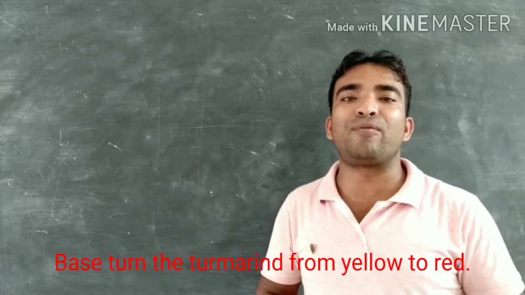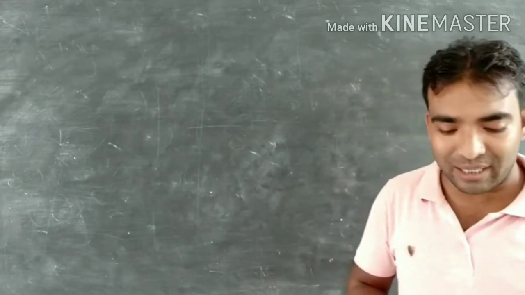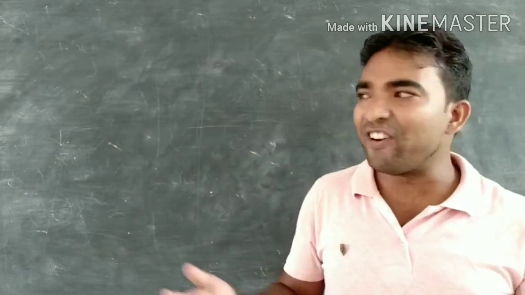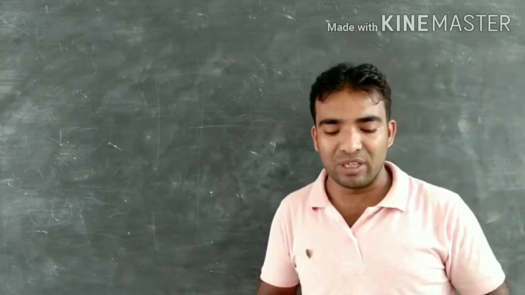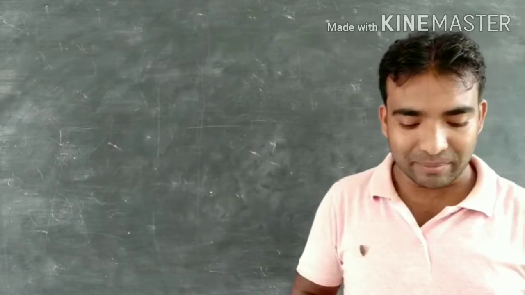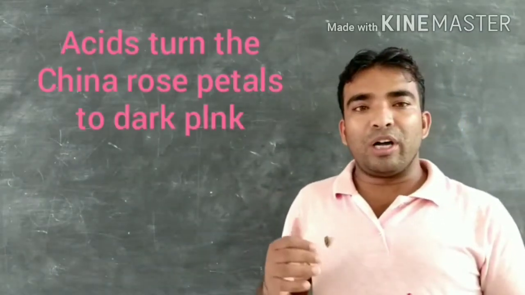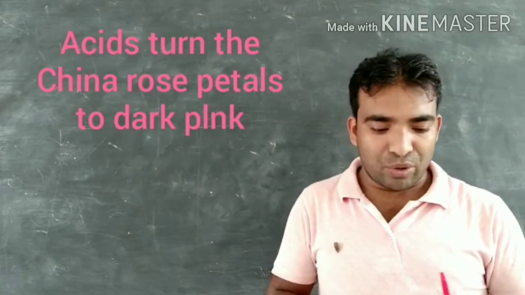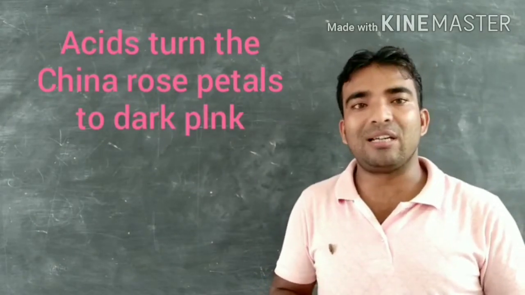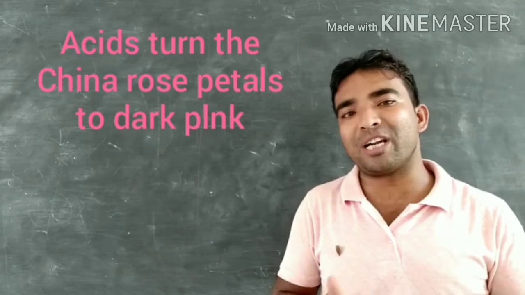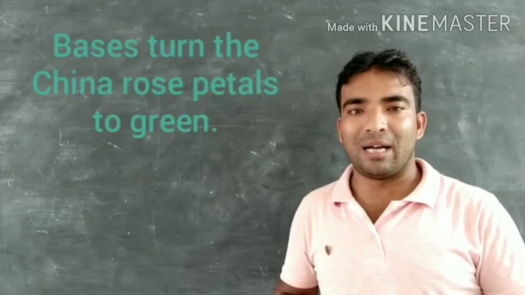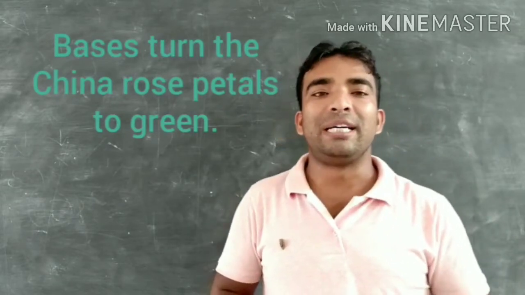Then one more example of a common natural indicator is the China rose petals. It is very commonly available in our surroundings. You can also try with this. The color changes will be like this: acid turns the China rose petals to dark pink, and on the other hand the bases turn the China rose petals into green color.